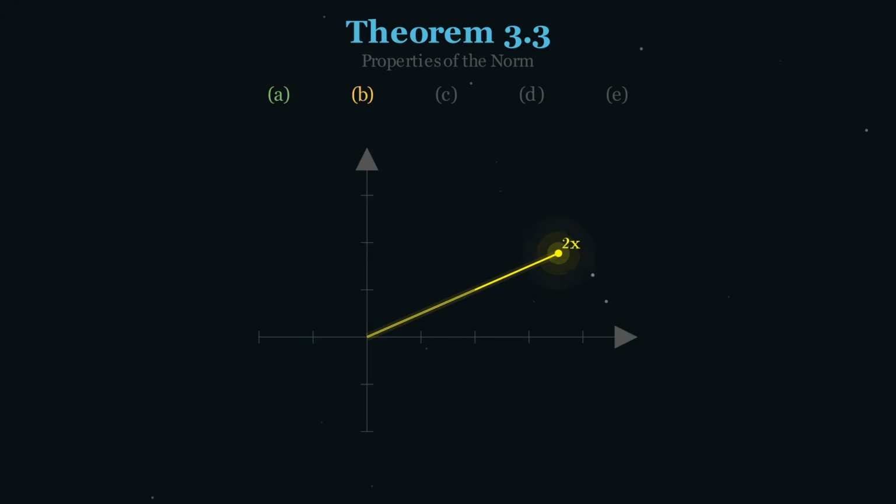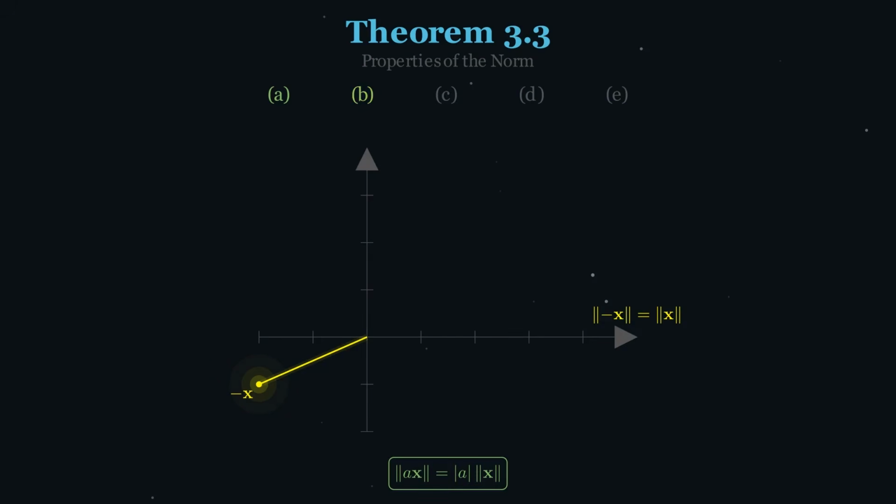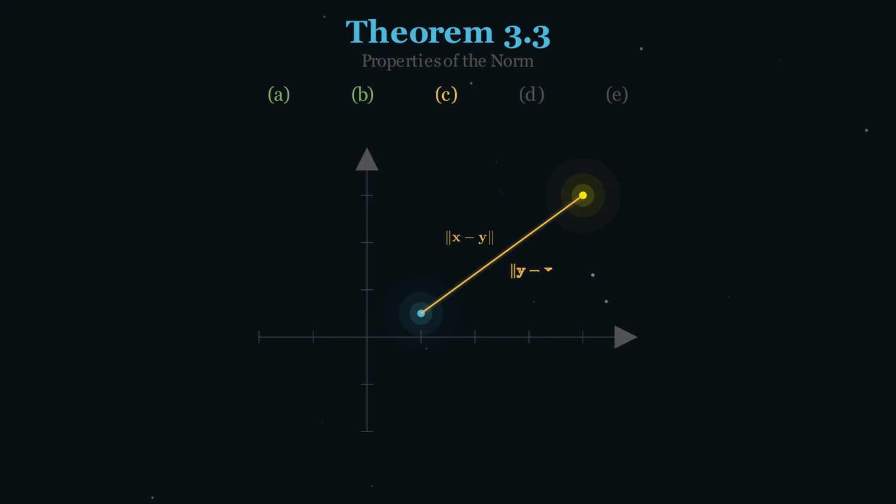Flip it backwards, same length, just pointing the other way. Part C, the norm of x minus y equals the norm of y minus x. The distance from you to me is the same as the distance from me to you. Distance doesn't care about direction. It's symmetric.